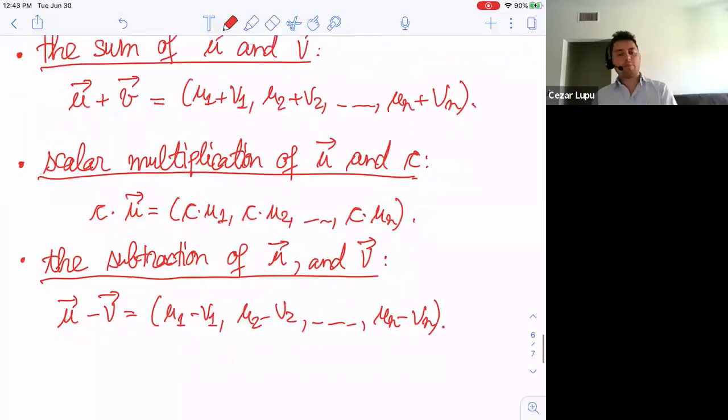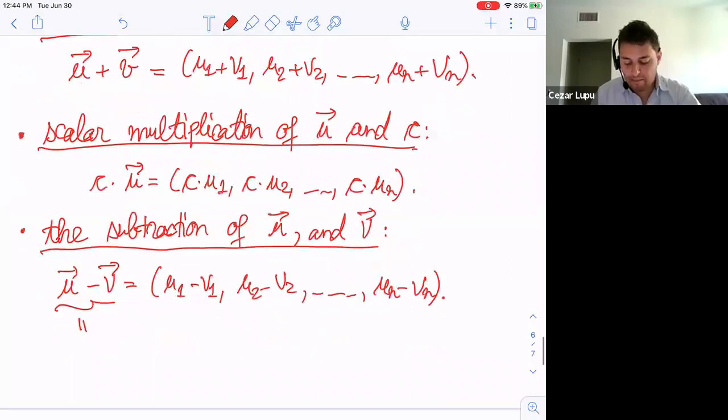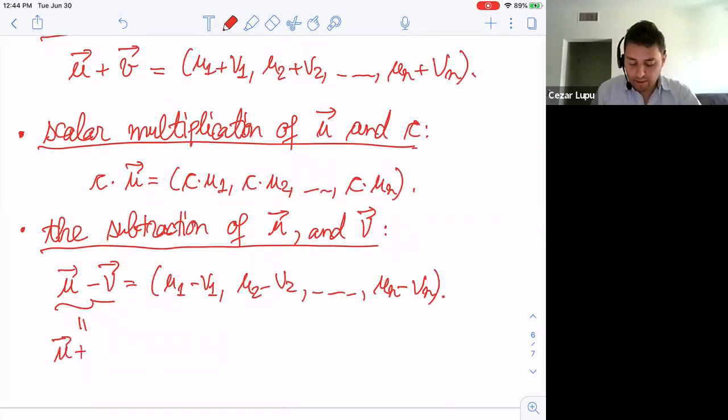So this is how we're going to subtract two vectors. We said many times, the subtraction of two vectors is like addition. The only difference is that you add the first vector with the opposite of the second vector, which is basically negative V. So this is U plus negative V. That's it. But you can also write it component-wise.